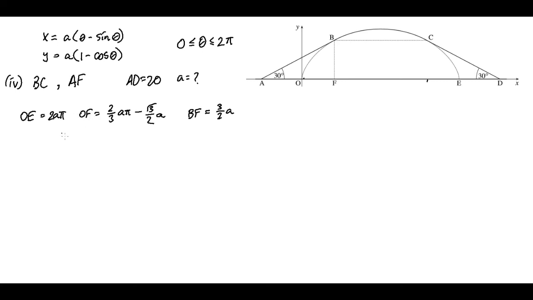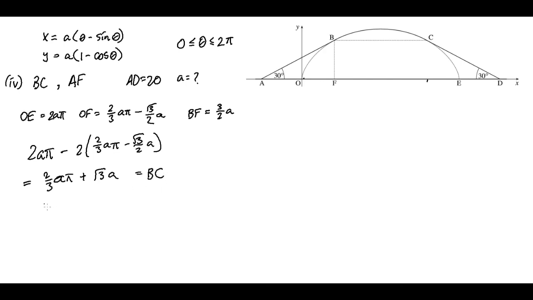In order to find BC, we need to get the coordinate of OE subtract 2 lots of OF, because this length is the same as this length, and so 2a pi subtracted by 2 lots of 2/3 a pi minus root 3/2 a is, 2 lots of that is 4/3, so 2 minus 4/3 is 2/3 a pi, add, because negative negative, root 3 of a, so that is BC.